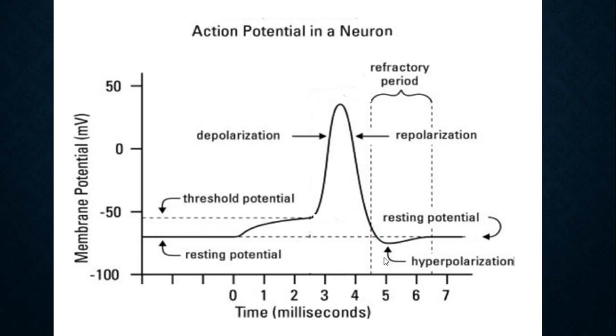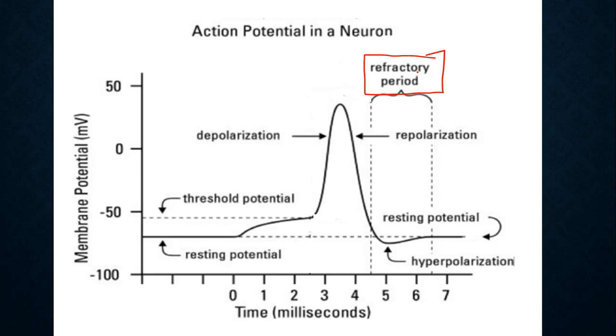Remember, the sodium has to be pumped out and the potassium has to be pumped in. At this point right here, all the gated ion channels are closed. The sodium-potassium pumps are working and sodium is being pumped out. Any sodium that is allowed to leak in is being pumped out. We called this the refractory period.